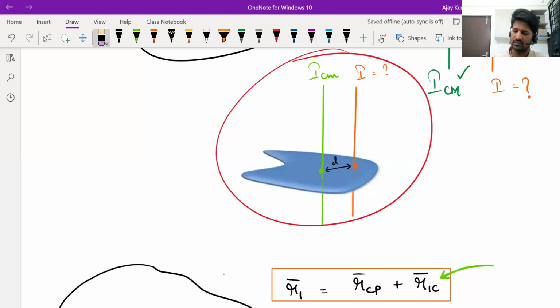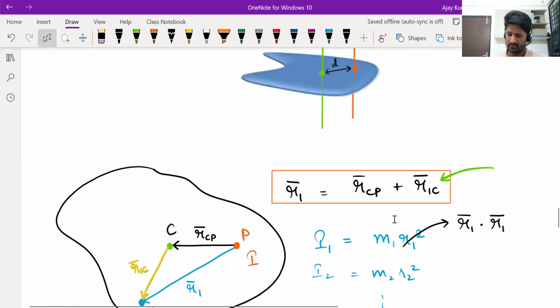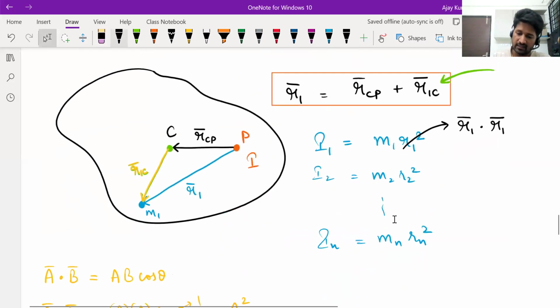Why is it compulsory that they are parallel to each other? Why can't they have some other angle? That is because if the axes are not parallel, the distance is this, what do you call, vector triangle cannot be drawn.